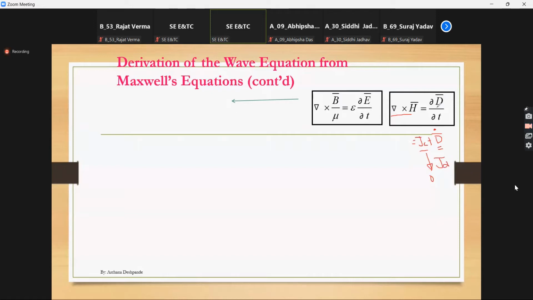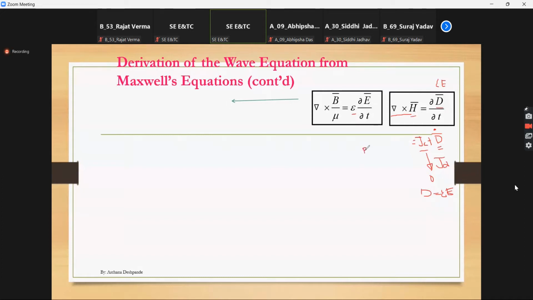This D is written as D equals epsilon E. So curl of H is going to be epsilon E in place of D. This epsilon, being constant, is taken out of the differentiation sign, and I have del by del t of E. On the left hand side, in place of H, I have written B upon mu.